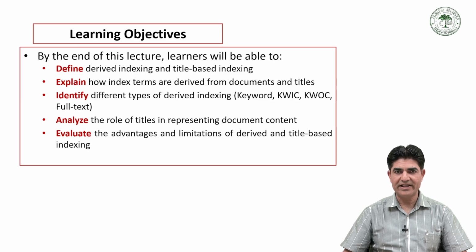They will identify different types of derived indexing, for example, keyword in context and keyword out of context. They will analyze the role of titles in the representation of document content, and in the end they will be able to evaluate the advantages and limitations of the derived and title-based indexing systems.